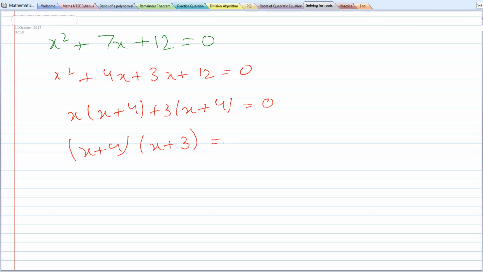By the way, have you guys studied the quadratic formula in school or not? So these are the two possible values of x.